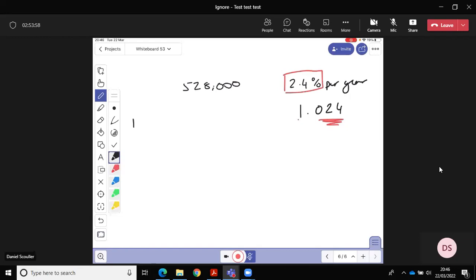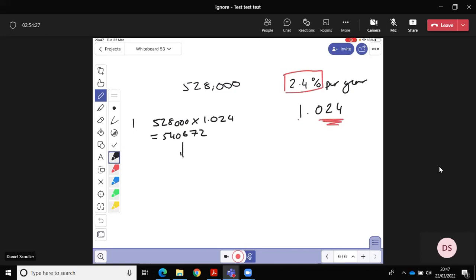So after 1 year, we've got 528,000 multiplied by our 1.024, which gives us 540,672.